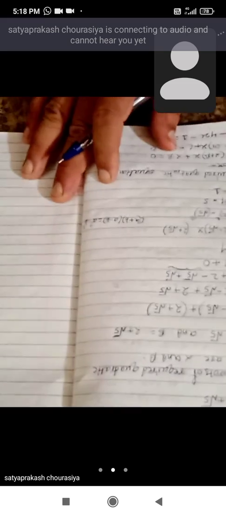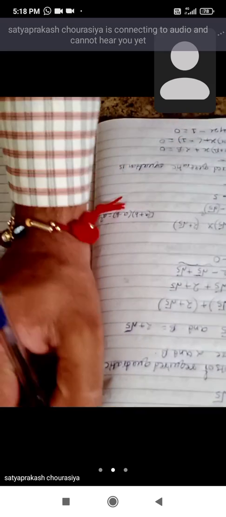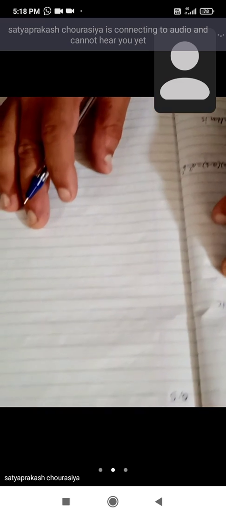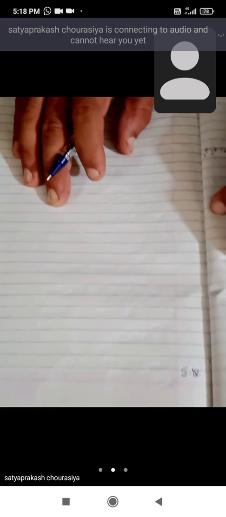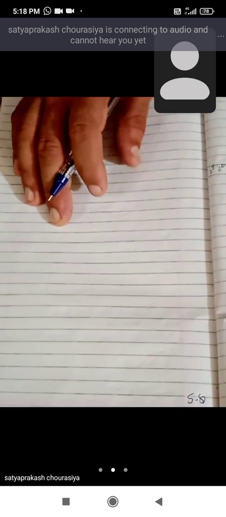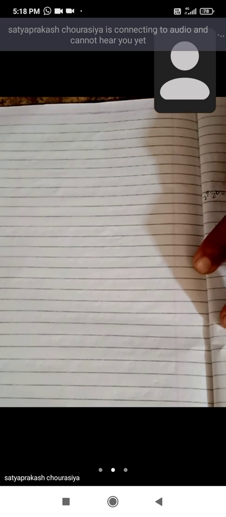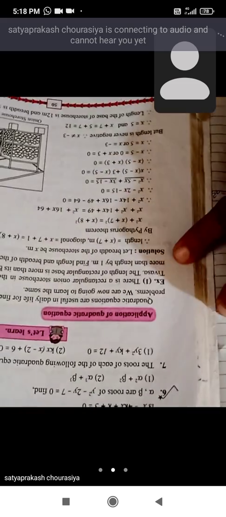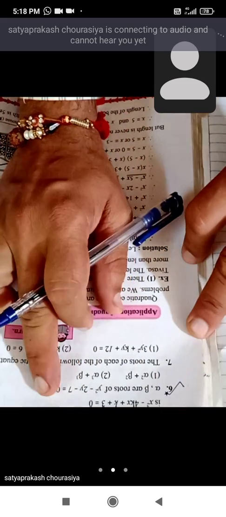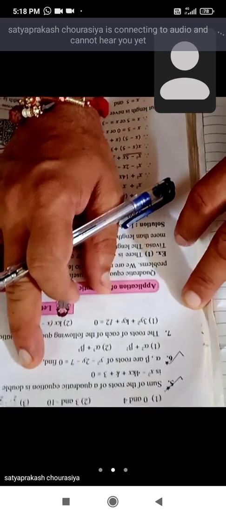Now see the next question, number 5. Question number 5: the sum of the roots of a quadratic equation is double their product.